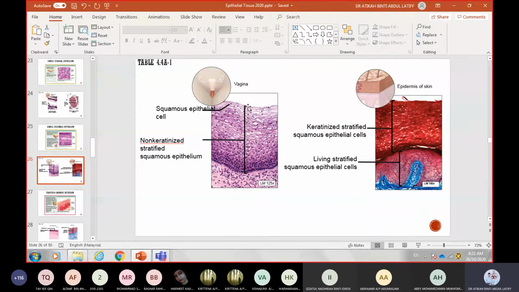It's called stratified because as you can see, it's many layers, not just one cell thick. Here also we have many layers. On top of that, because there is a keratin layer, you call it keratinized stratified squamous epithelial cells.